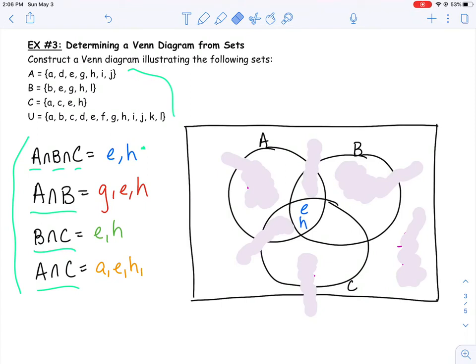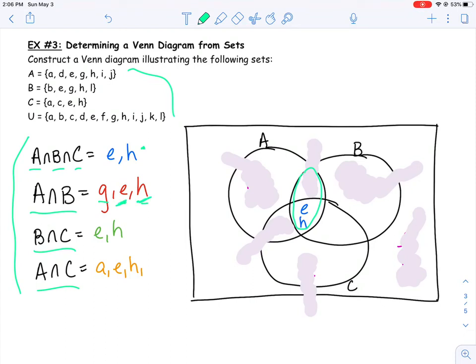So now I'm looking at the intersection of A and B. What letters do I have in the intersection of A and B? Well, I have G, E, and H. And the intersection of A and B is right here. But don't I already have E and H on my picture?